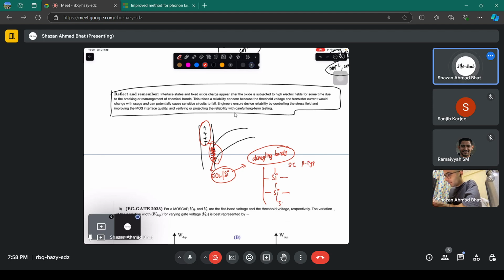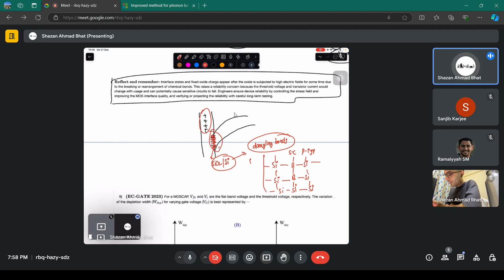Maybe there is boron, then silicon, then boron, then silicon, silicon, silicon. And here you have silicon dioxide, silicon combined with two oxygens, and you have silicon here with two oxygens.